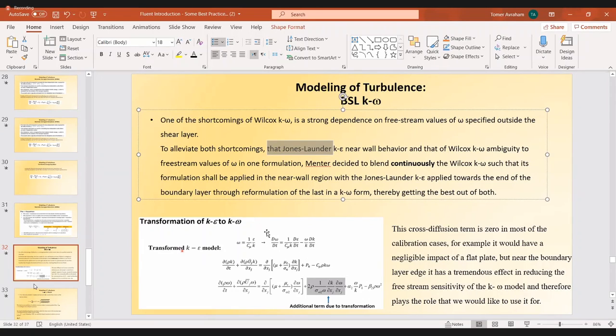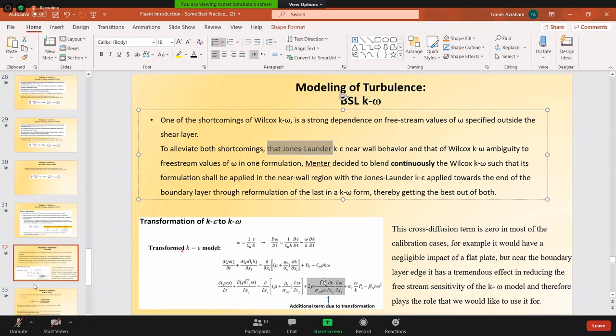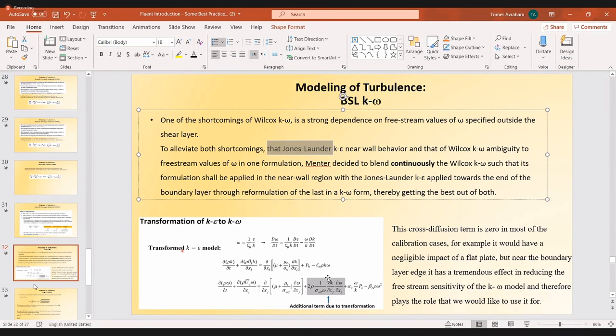Okay, it's really easy. You can take a substantial derivative here and get omega from epsilon. So what he got, instead of the K omega of Wilcox, was another term here, which is kind of a cross diffusion term, which most of the time doesn't do anything, but it has a tremendous effect near the end of the boundary layer.